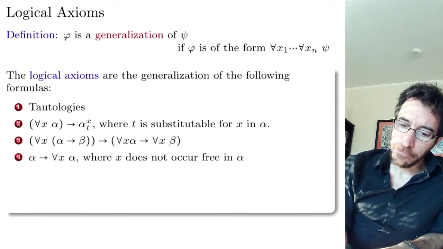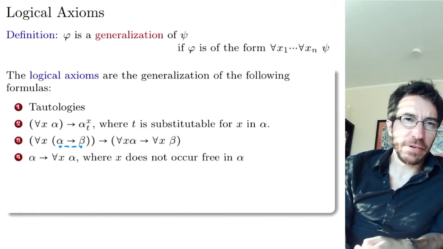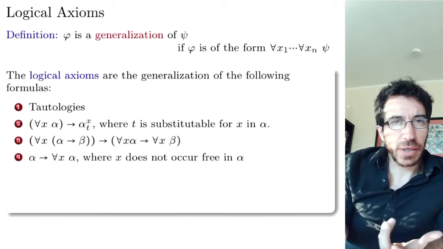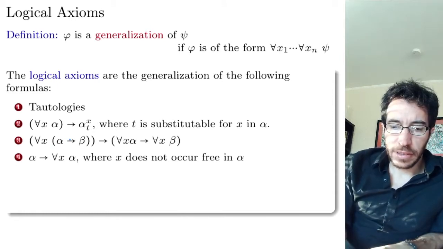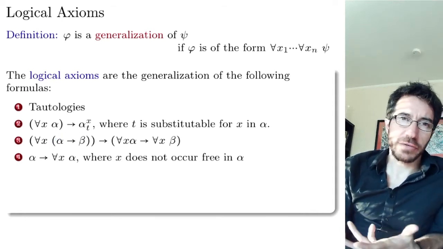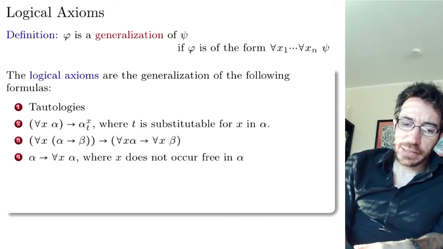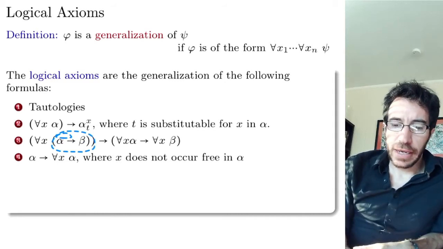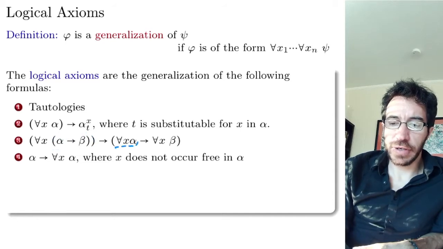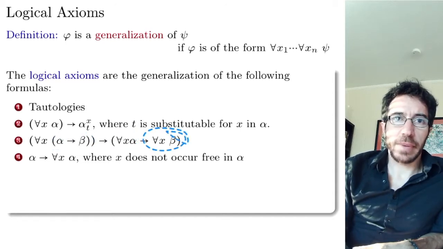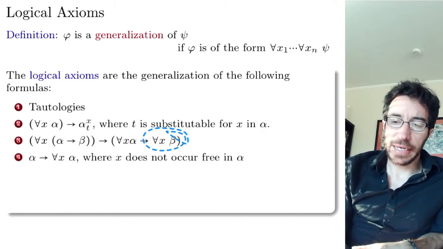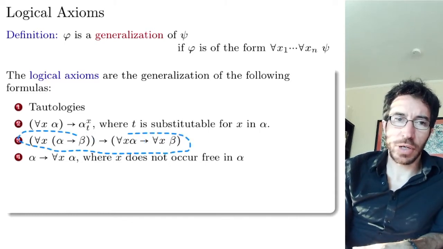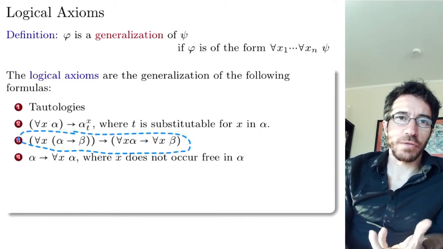The next one says that if for every x, alpha implies beta, where alpha and beta are again well-formed formulas, and you have to imagine that x shows up inside alpha and beta, otherwise it's kind of trivial, but imagine that they show up as free variables inside. So if for every x alpha implies beta, then you know that for every x alpha implies that for every x beta. Again, this is a whole family of axioms, one for each pair of well-formed formulas alpha and beta.